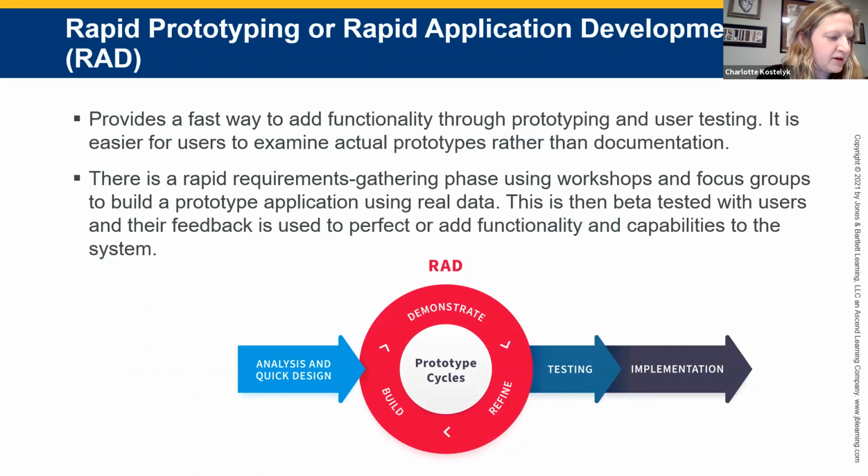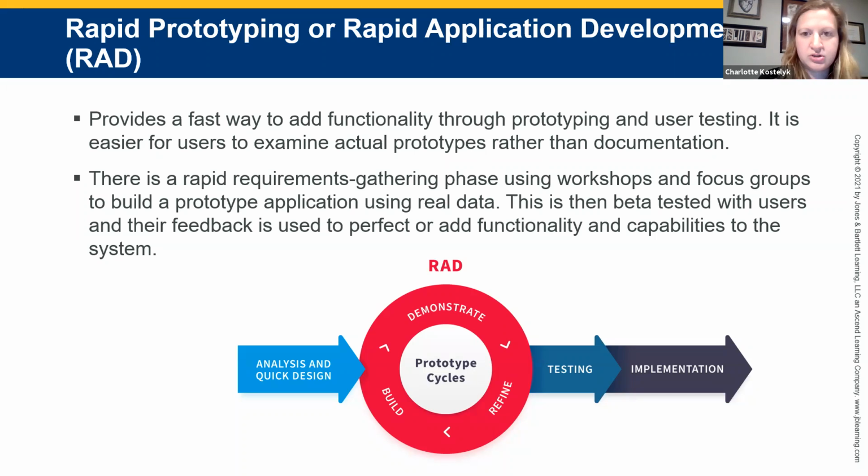It provides a fast way to add functionality through prototyping. Think of the prototyping as like a mini test. The user is testing it out before it's actually implemented. So it gives you a little bit more feedback. This is a quicker form of gathering information.